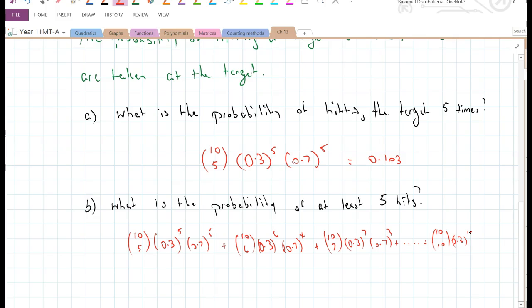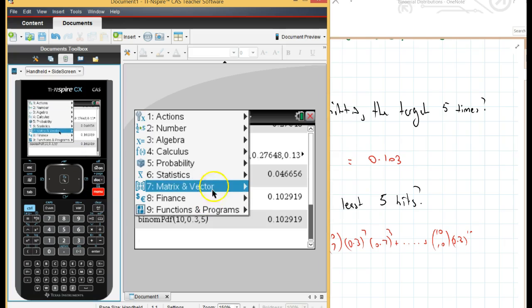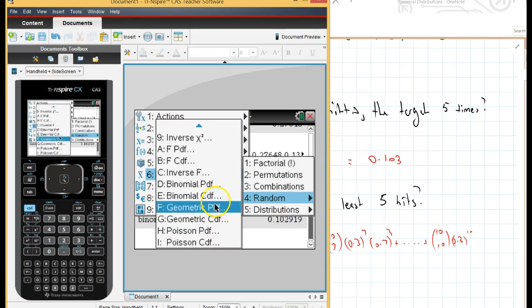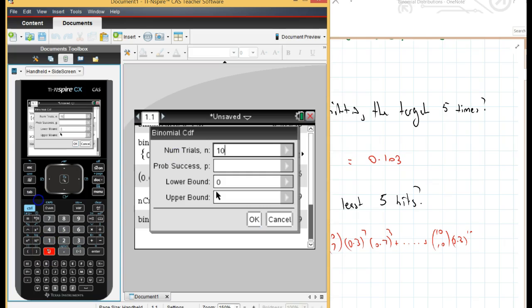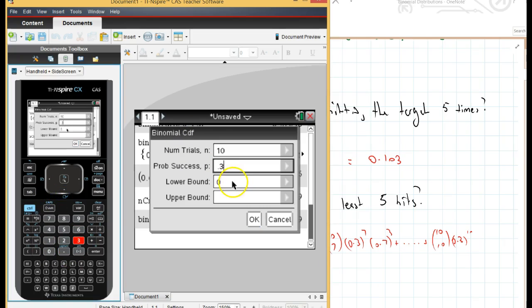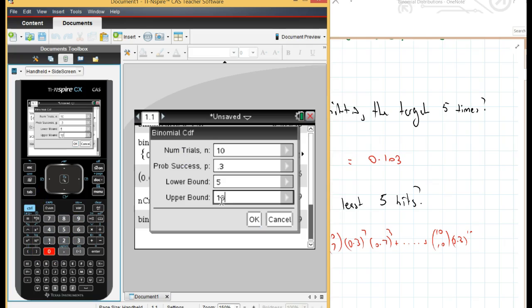That's quite a long calculation, or we can just go in here and access this. Right, Distributions now. We're not going to choose PDF. Binomial CDF. Look at this. Number of trials 10. Probability of success, all still the same there, 0.3, but now our lower bound is 5 and our upper bound is 10. So we're now saying, give me that sum.